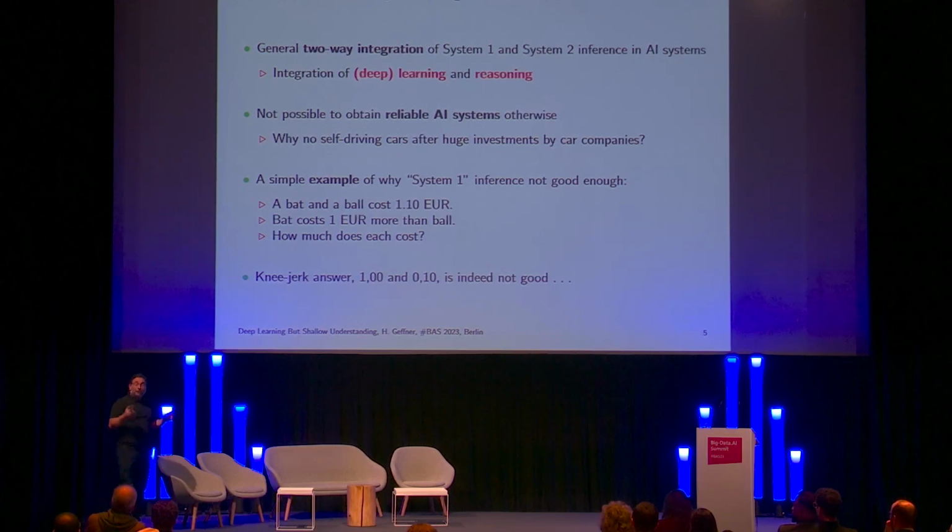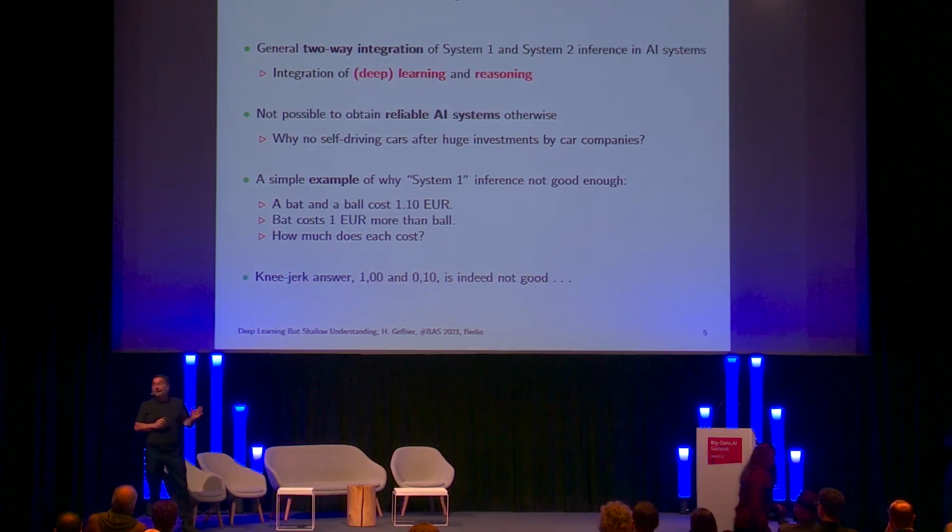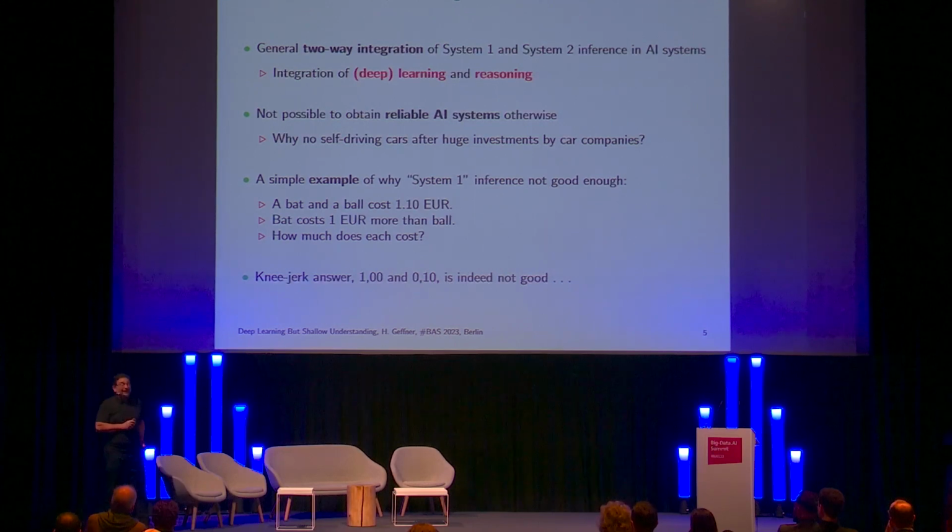But if you have a well-trained System 2, it should check the answer. This answer is not good. It does not comply with the constraints. In particular, the bat is not 1 euro more than the ball. So you know that this is not going to be the answer, and then you have to go back and think again, and maybe tell System 1, give me another answer, that one is not good.